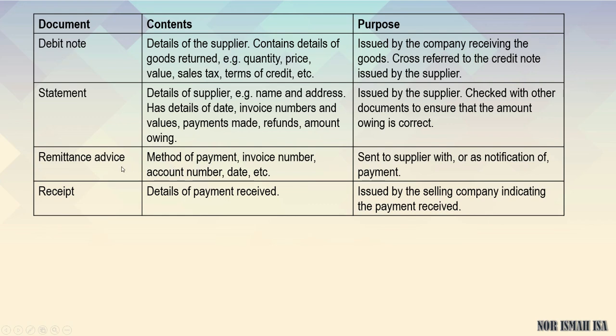And remittance advice is sent to the supplier with the check to state what payment is being made. In this remittance advice, there is the method of payment, invoice number, account number, date, etc., and the total amount that has been paid. And lastly, when a seller receives the check, they will produce a receipt to the buyer to say that the amount has been received. So the detail is the amount that has been received.